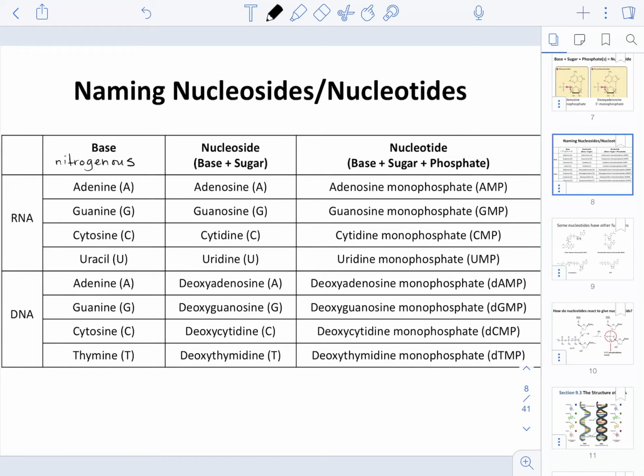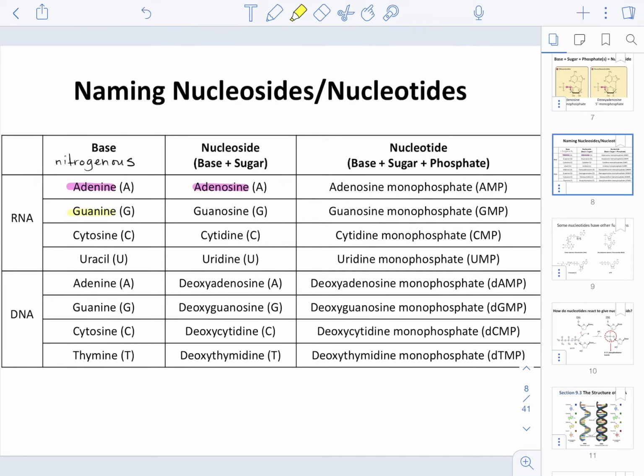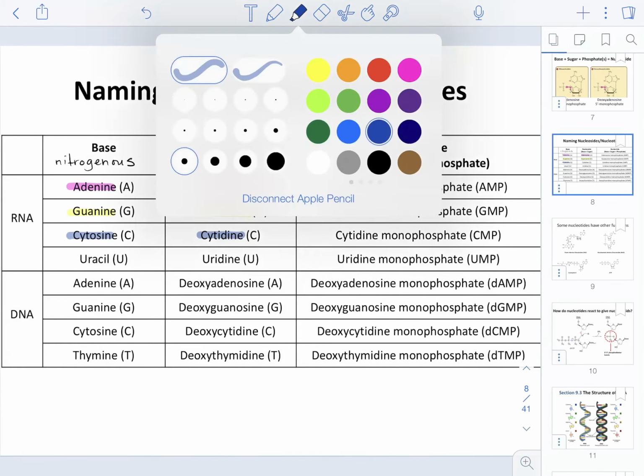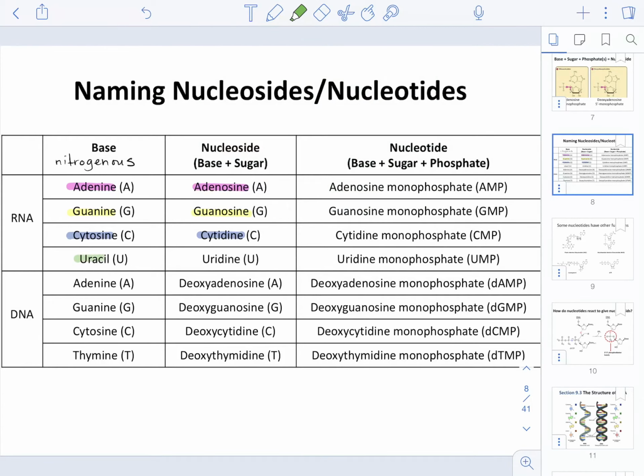So, understand that your adenine turns into adenosine. Your guanine turns into guanosine. Cytosine turns into cytidine. Uracil turns into uridine.